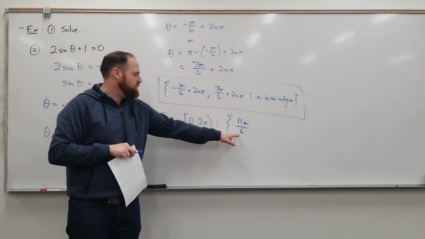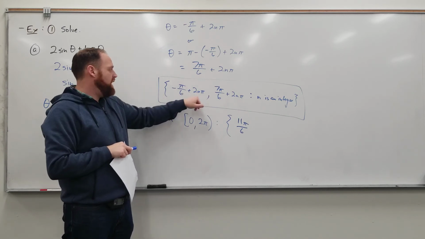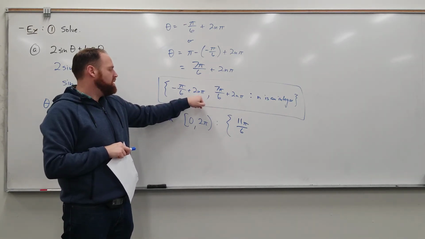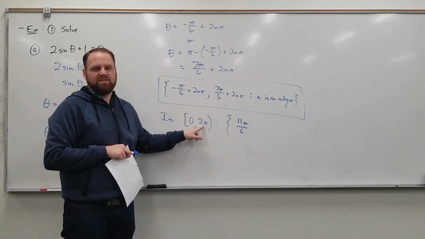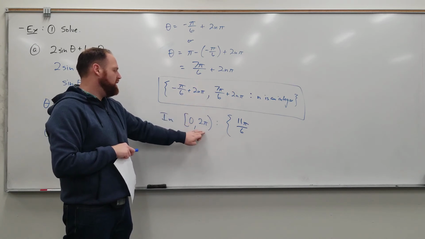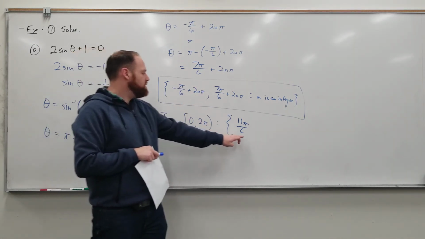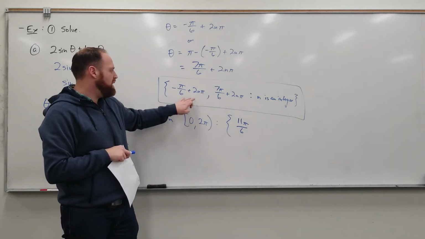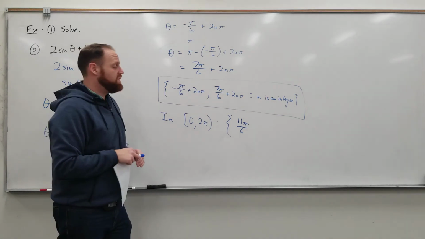Okay, so that's what I get when I plug in 1 for n. If I plug in 2 for n, now I have 4 pi minus pi over 6, which is going to be way bigger than 2 pi. So at that point, I've gone beyond the interval that I care about, right? So that's all of the solutions that I'm going to get between 0 and 2 pi that are generated by this first rule. Then you do the same thing with the second rule, right?